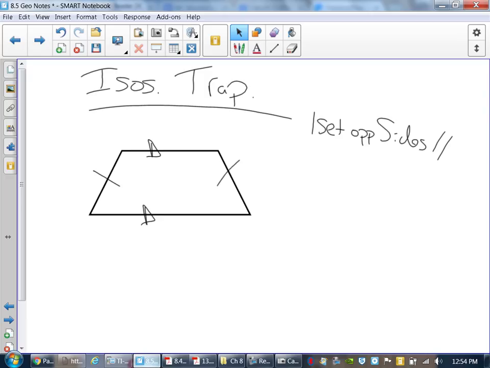Think of those as legs. The non-parallel sides will be congruent. And now think about the isosceles triangle. An isosceles triangle has congruent legs, which point to the congruent base angles. Well, when you're dealing with a trapezoid, how many sets of base angles do you have? You have two.